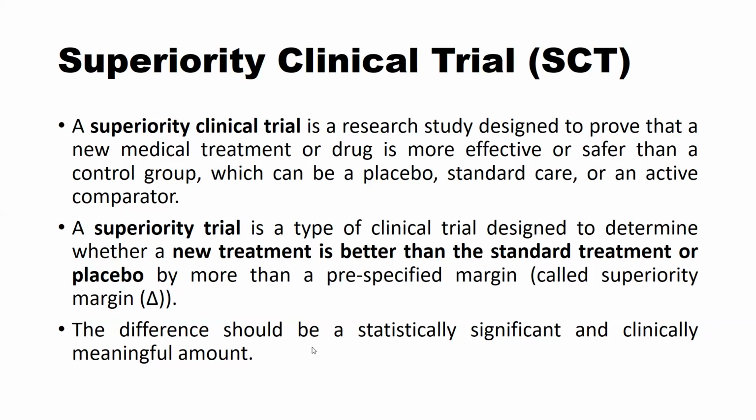So here we are saying it is better than. When we indicate that group A is better than group B, it is one-sided. If we are saying group A and group B are different, it may be better than or it may be worse.